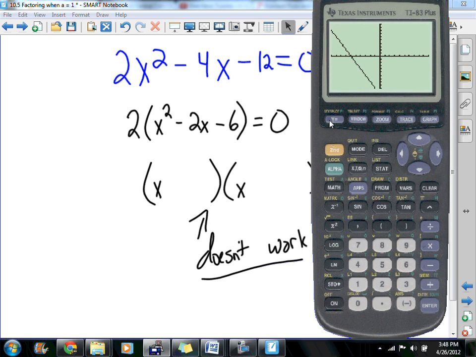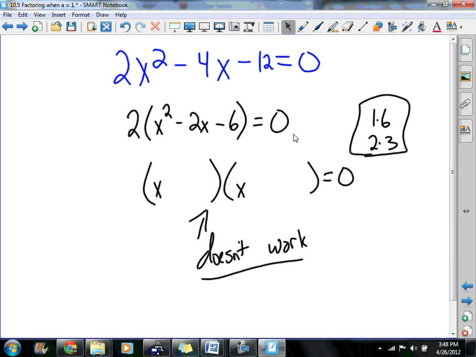Oop, I forgot next somewhere. There you go. So here's our graph, and then we would just estimate. It looks like this is going to be about negative 1.7. The next is about 3.6. So that's good enough for this type of problem. We can't factor it. Okay?